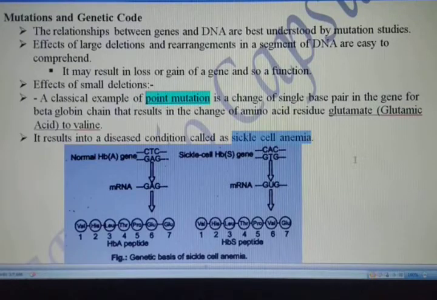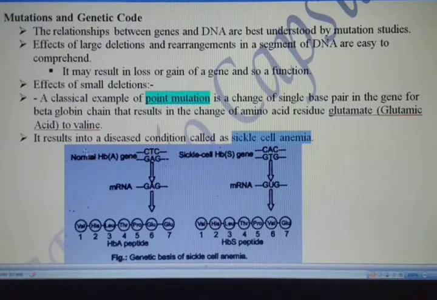In that, what happened? At the 6th position of the protein chain, there is an insertion of a nucleotide or nitrogen base. Actually, there is no insertion here; replacement is there.